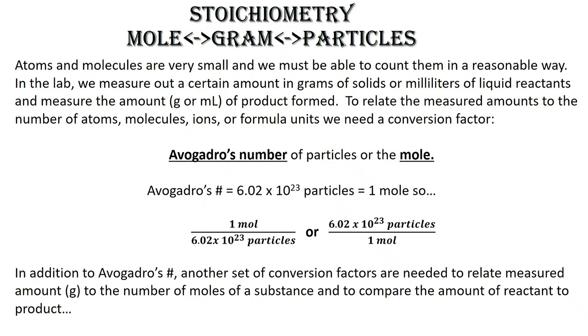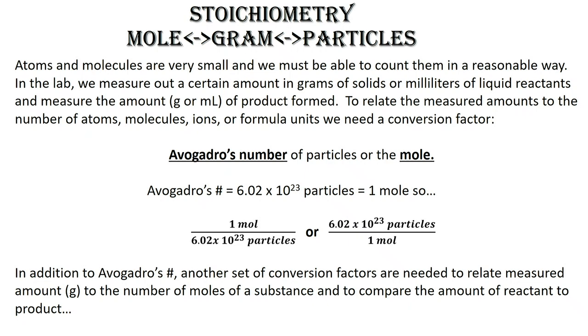So particles can be anything: atoms, molecules, ions, formula units. If you want to get creative, people, insects, it doesn't matter. If you have 6.02 times 10 to the 23 of those items, you have 1 mole.